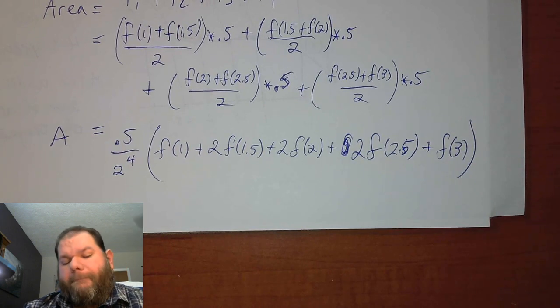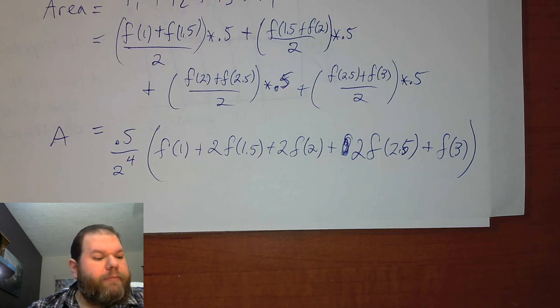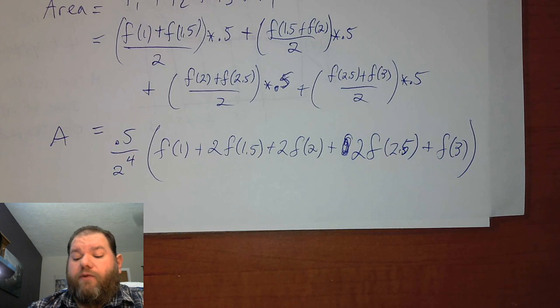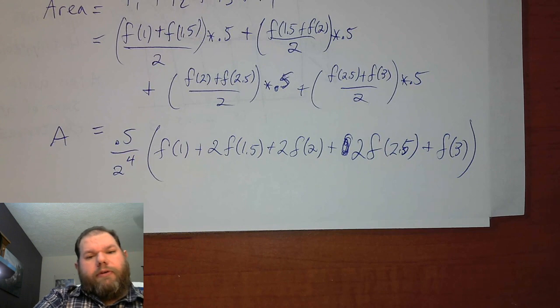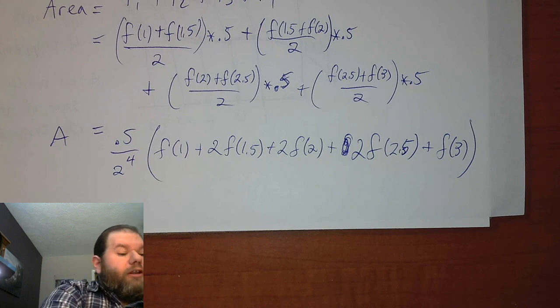Now, this is kind of the typical formula that we see for the trapezoid rule. Our goal in doing this is we're basically trying to develop the formula for the trapezoid rule.